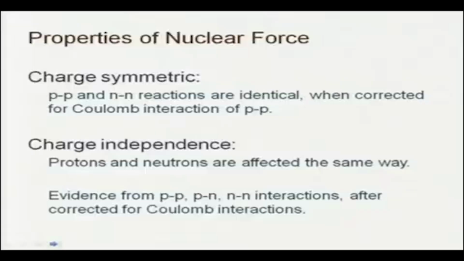So, there is a symmetry: the strong interaction is symmetric under such an exchange, between the proton and proton pair and neutron pair. And we can take this slightly beyond this charge symmetry. We can actually say that it is completely independent of the charge. It does not care about whether it is proton and proton interacting, or proton and neutron interacting, or neutron and neutron interacting.